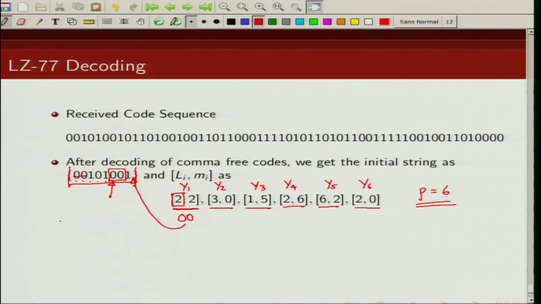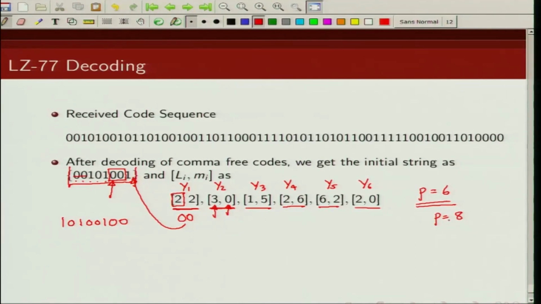So my new dictionary will now be 1 0 1 0 0 1 0 0. Right? Now I need to find y2. There's a match of length 3 and m is 0. So m is 0 means p equal to 8.